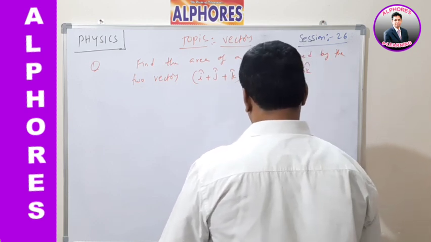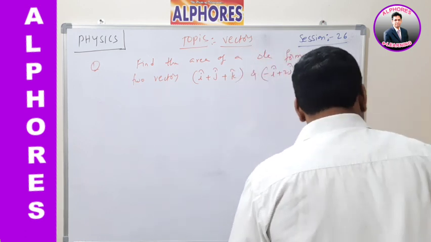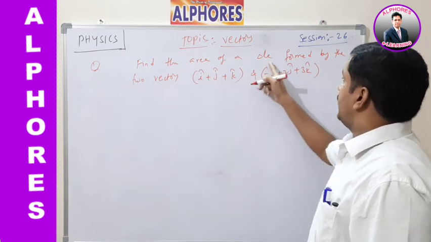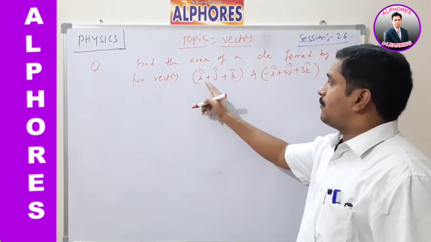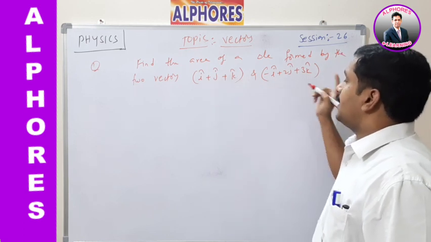So we have to find the area of the triangle formed by the two vectors i cap plus j cap plus k cap and minus i cap plus 2j cap plus 3k cap.